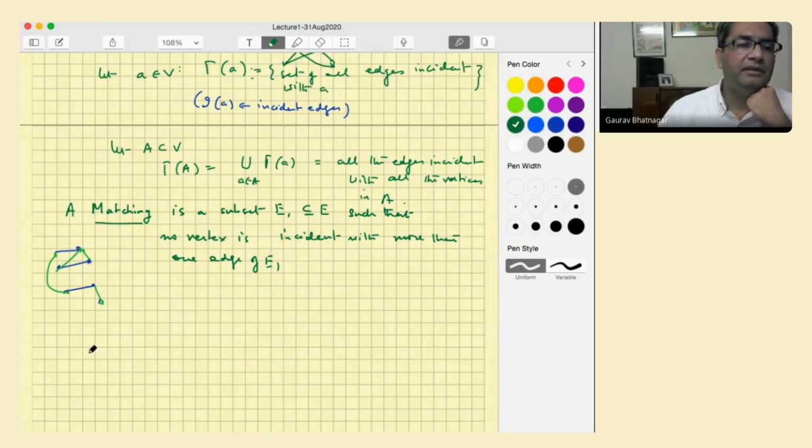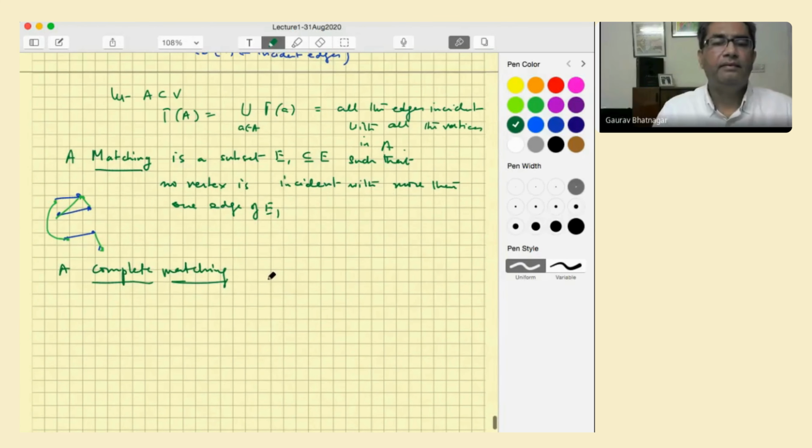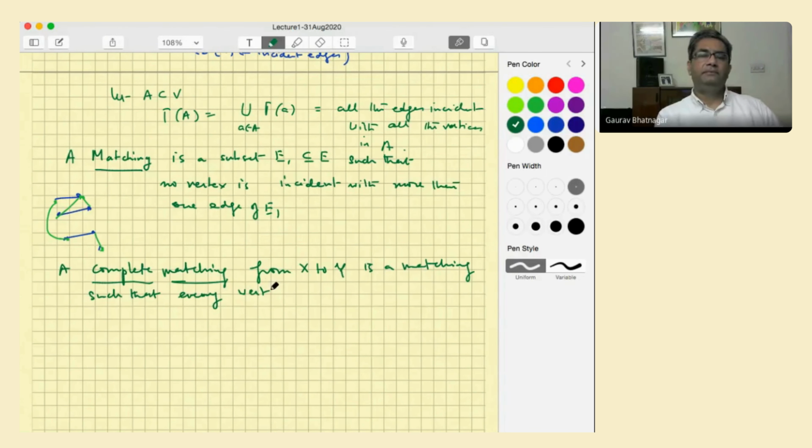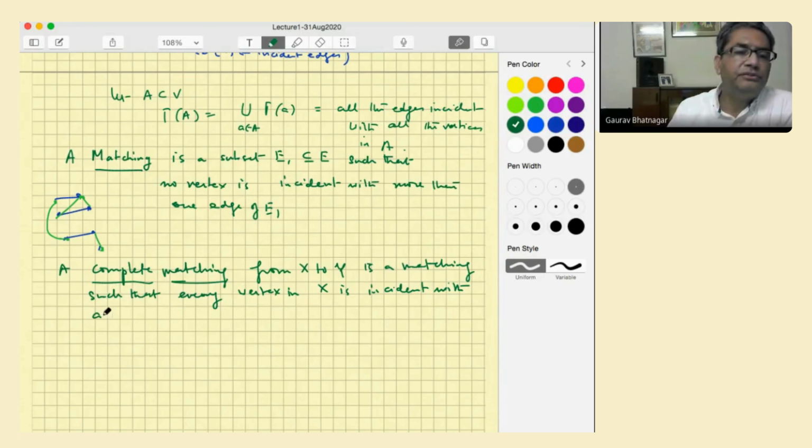So that's a matching, and a complete matching from X to Y is a matching such that every vertex in X is incident with an edge in E1.